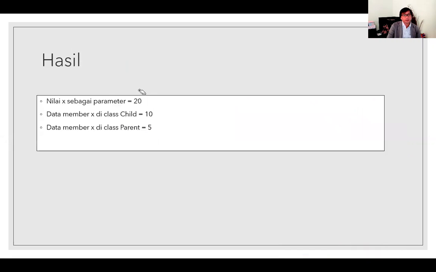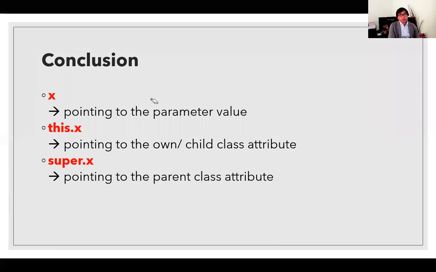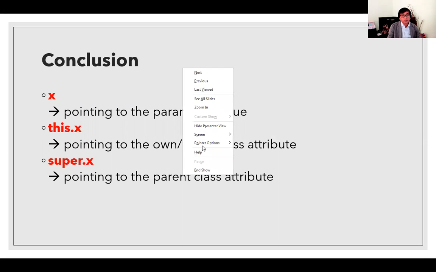Yes, this is the answer. So the conclusion is: when we use an attribute without giving any information before it, it refers to the variable or the parameter of a function or a class.